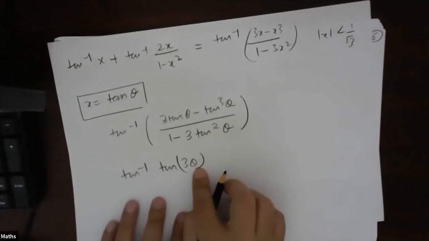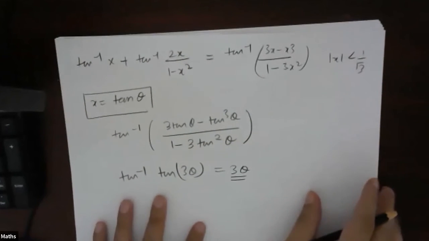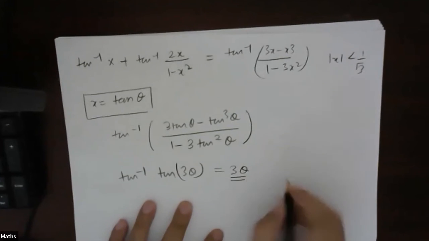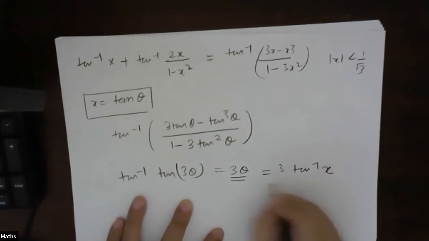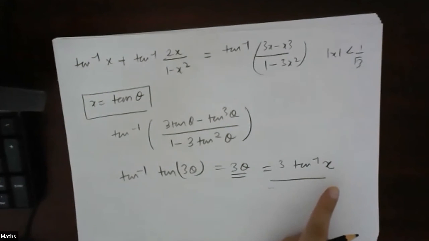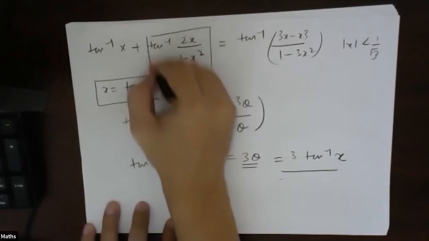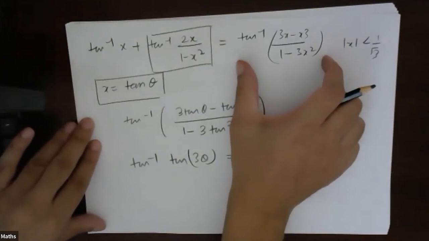This is nothing but 3 tan inverse of x, because theta we already know is tan inverse of x, right? So we are getting 3 tan inverse of x from the right hand side.